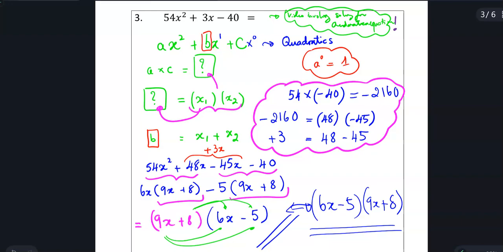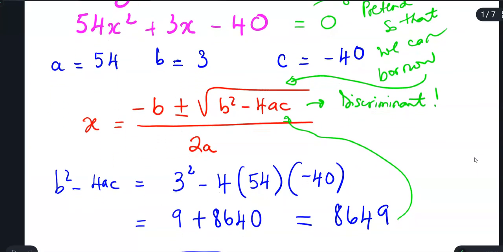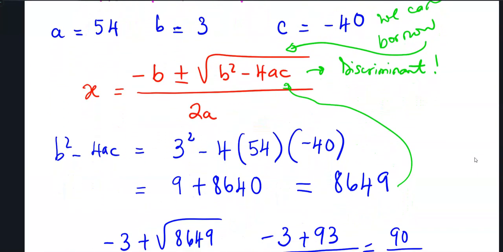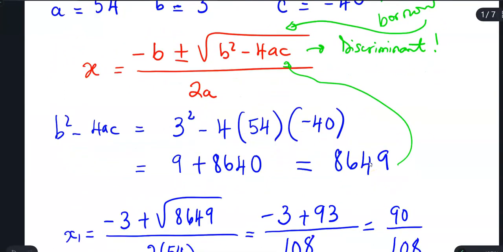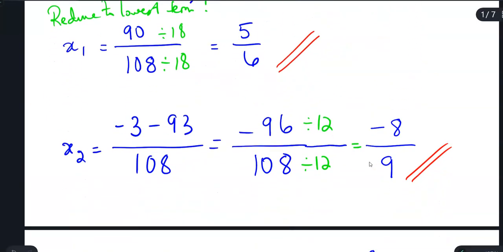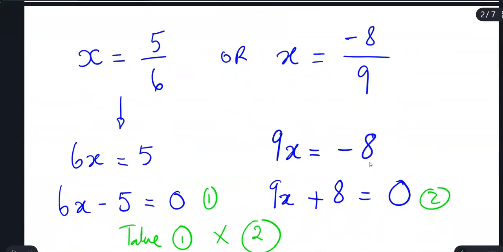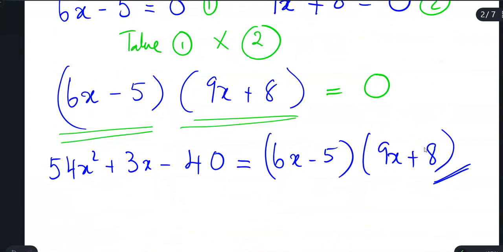So for this particular method, it's straightforward. You use the quadratic formula, following BODMAS, knowing the quadratic formula well. Solve for the two values of x, pretending it's equal to 0, reduce to lowest term, keep it as a fraction, and then convert this into an equation with the other side equal to 0, and multiply the two expressions.